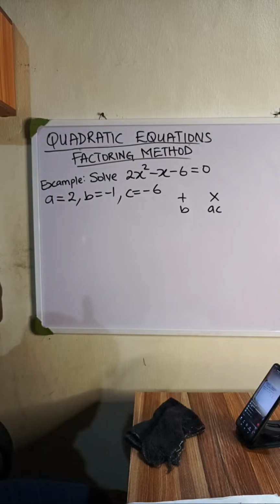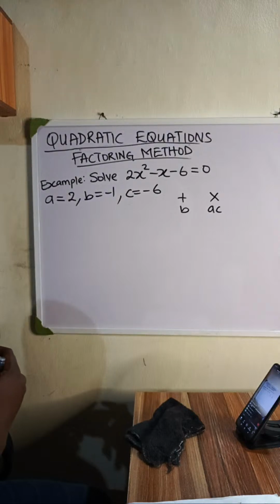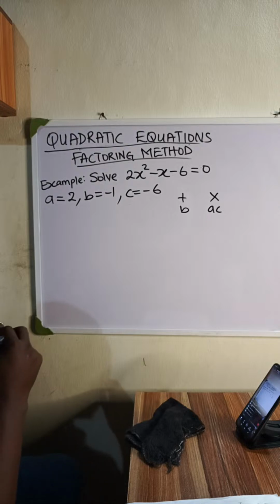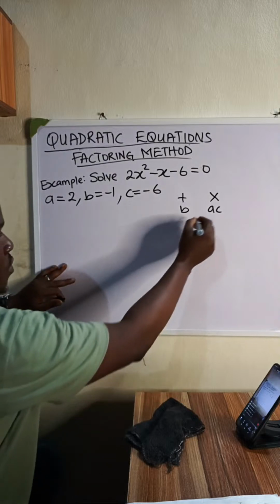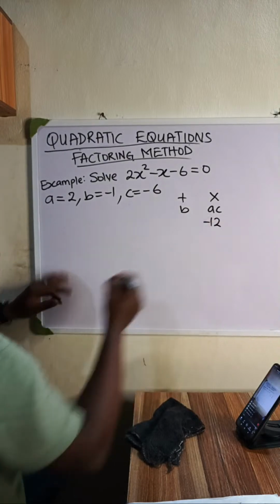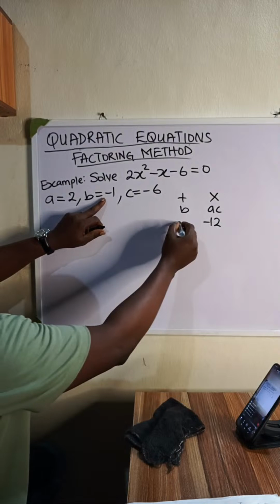What's going to be the value of AC? Minus 12. 2 times minus 6 gives us minus 12, correct? And then we know that our B is minus 1.